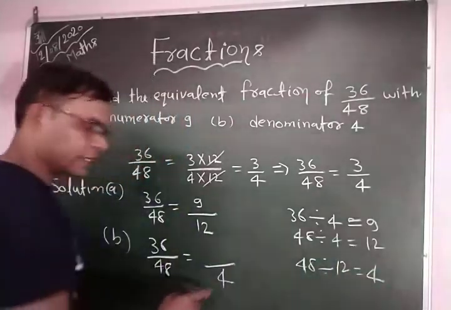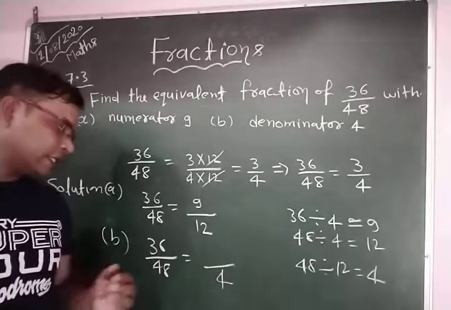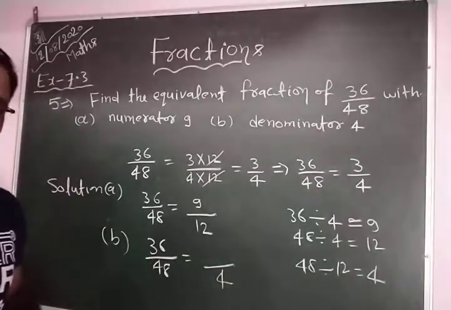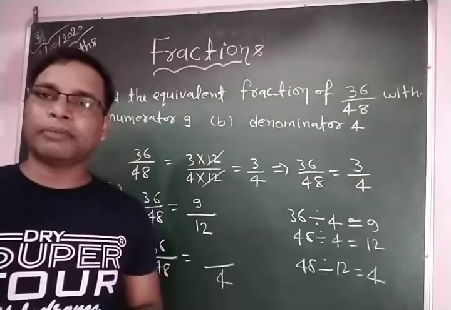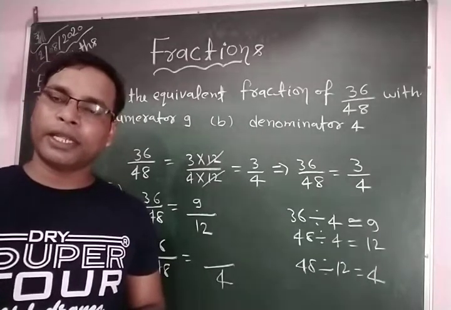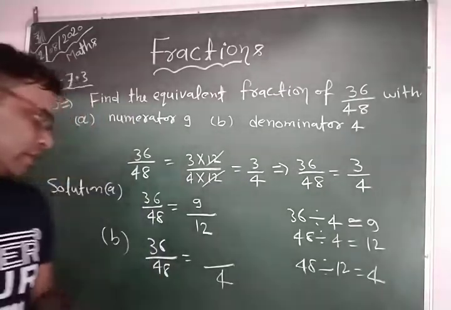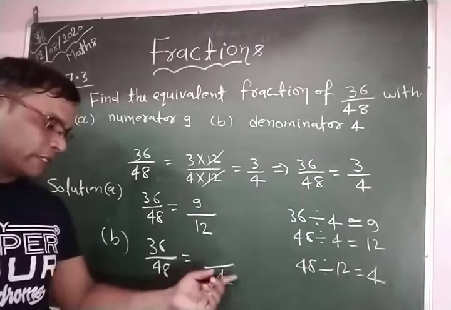So again we divide 36 by 12, because in the case of equivalent fractions, we divide or multiply the numerator and denominator by the same quantity. We divide the denominator by 12 and obtain 4.